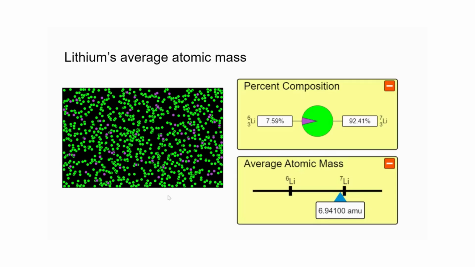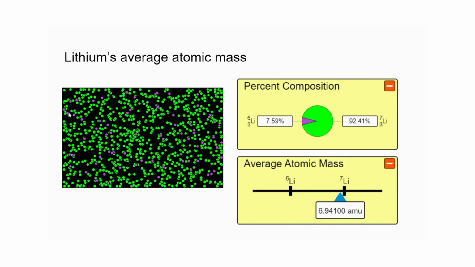First though, I want to show you this cool image. When we're talking about lithium's average atomic mass, I mentioned before that lithium-7 must be present a lot more. And that is in fact true. Lithium-6 is closer to 7.6%, and lithium-7 is present closer to 92%.